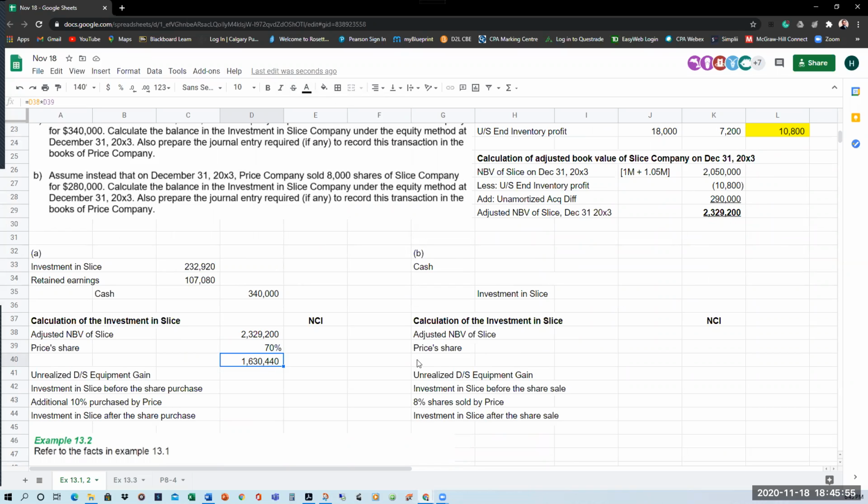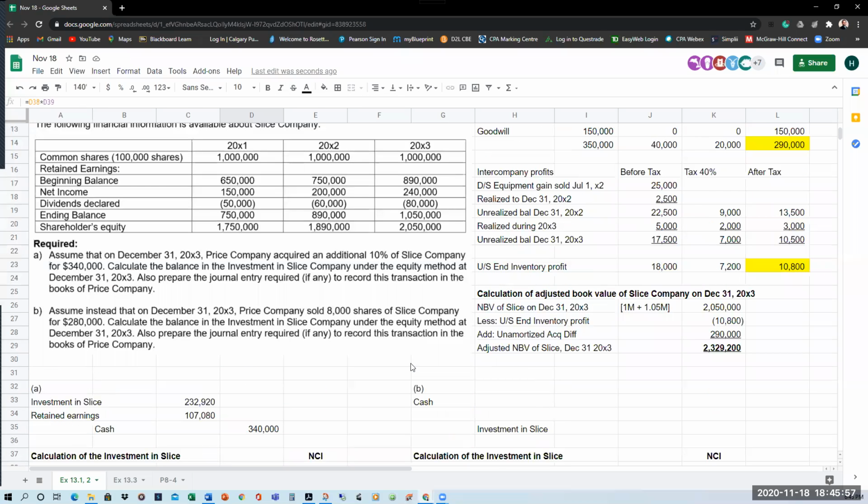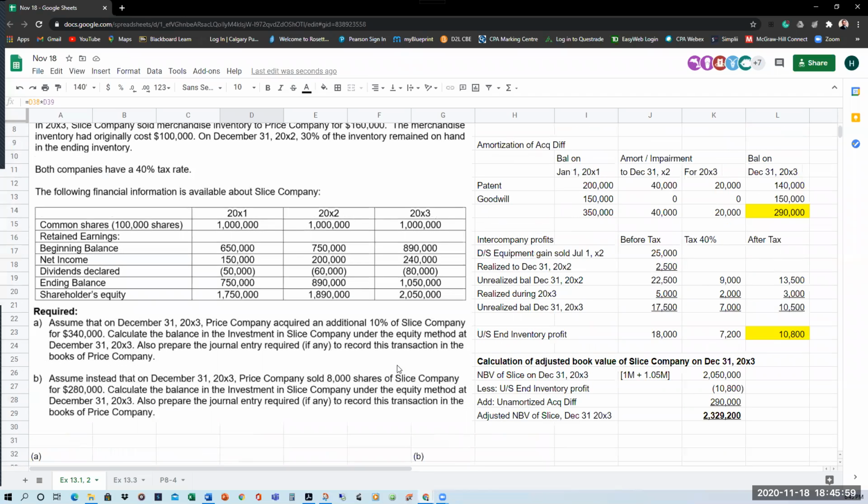Now this 1,630,440 does not include the adjustment for the downstream unrealized equipment gain. So as of December 31st, 2003, there is a downstream unrealized equipment gain, which, remember, the parent has to adjust. Any kind of downstream profit has to be eliminated or adjusted for 100%, right?